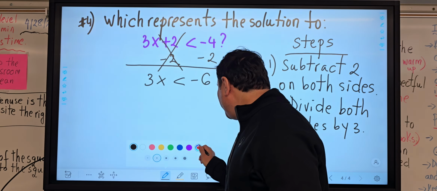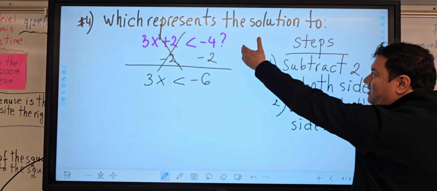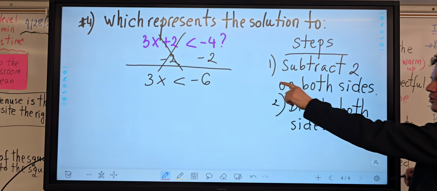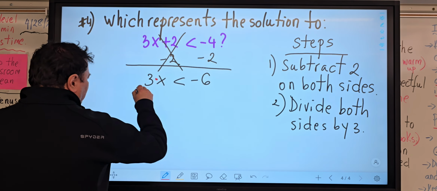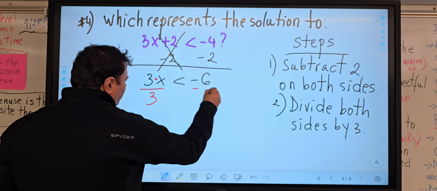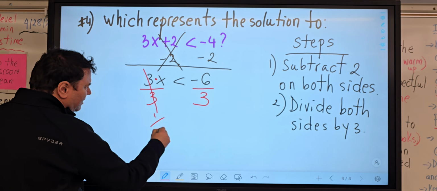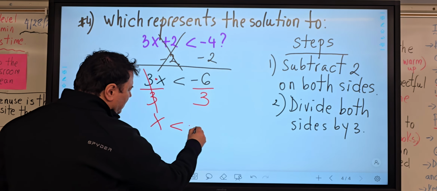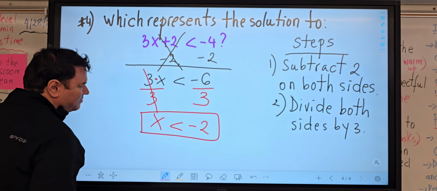Make sure you pay attention: negative 4 plus negative 2 becomes negative 6. Finally, to get the x by itself, we divide both sides by 3. 3 divided by 3 becomes 1, so x is less than negative 6 divided by 3, which is negative 2. And this is our final answer.